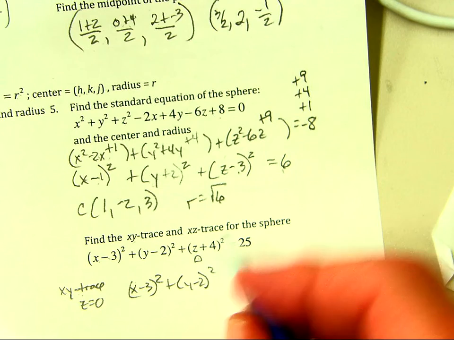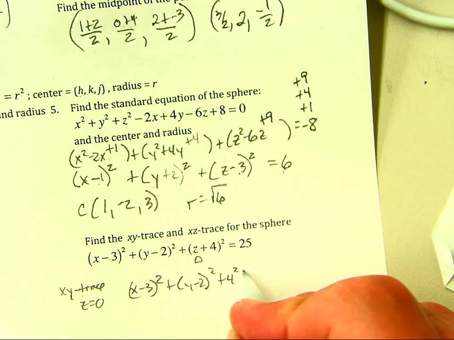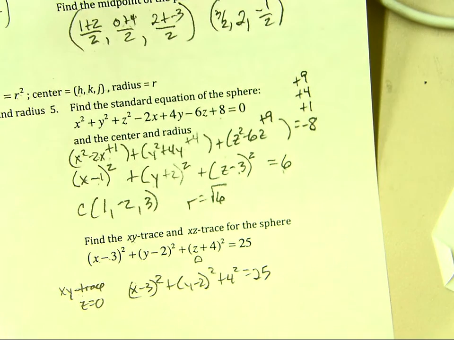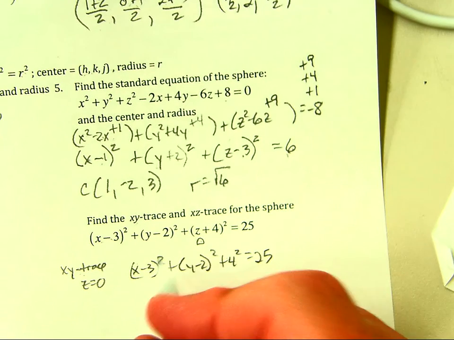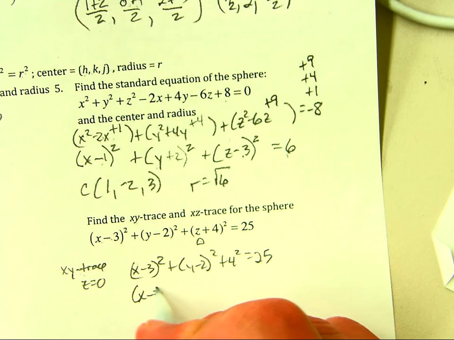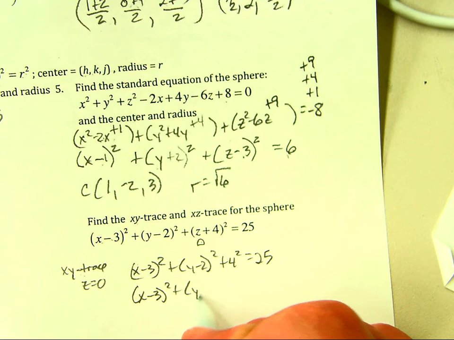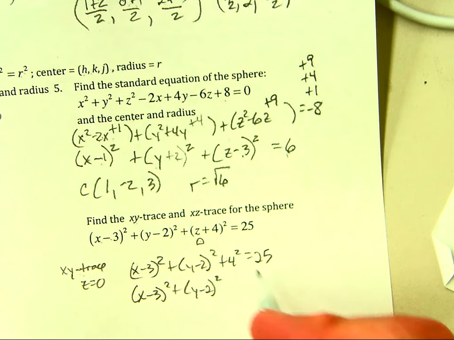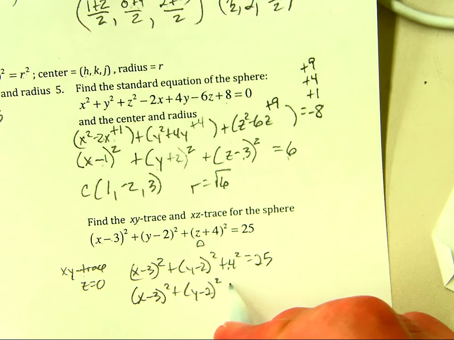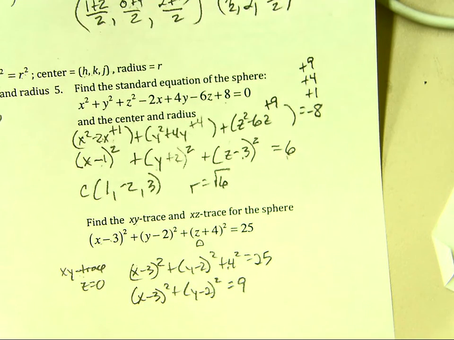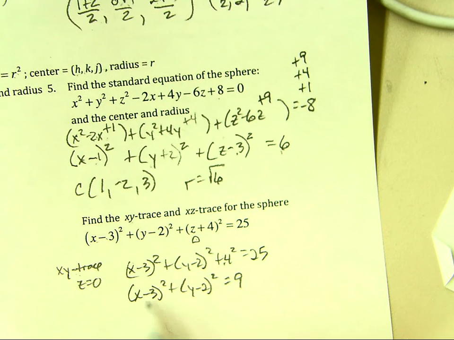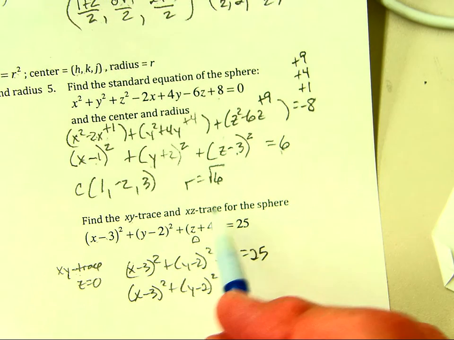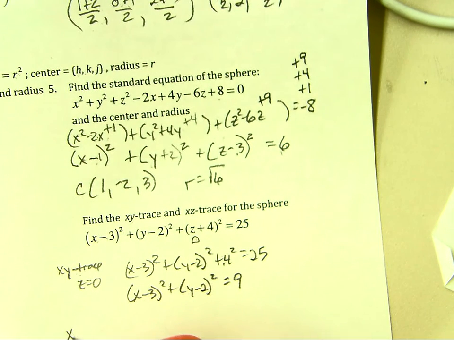So 0 plus 4 is 4 squared equals 25. Now we want to move that to the other side, so let's leave the x squared and the y squared. Don't have to multiply them out or anything. That's 16. If we subtract it from the other side, we get 9. So notice that's the equation of a circle. That's an XY trace.